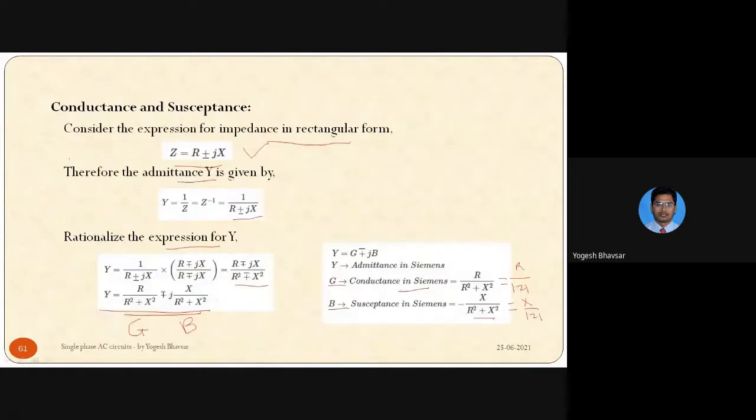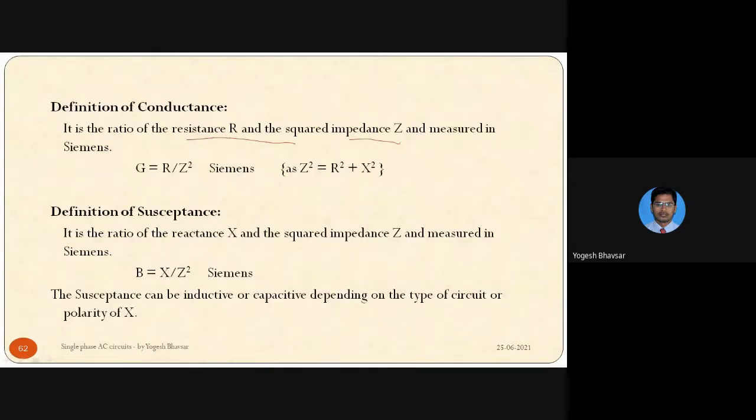Sorry, here we have Z square, not mod of Z. When it is a magnitude, then we have mod of Z. So conductance is the ratio of resistance to the square of impedance, that is G is equal to R by Z square, where Z square is equal to R square plus X square. Then susceptance is the ratio of reactance to the square of impedance, measured in Siemens. So B is equal to X by Z square.